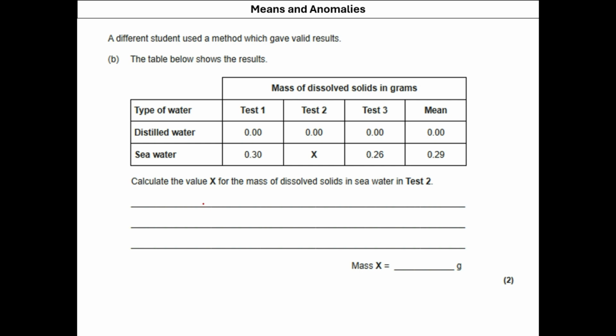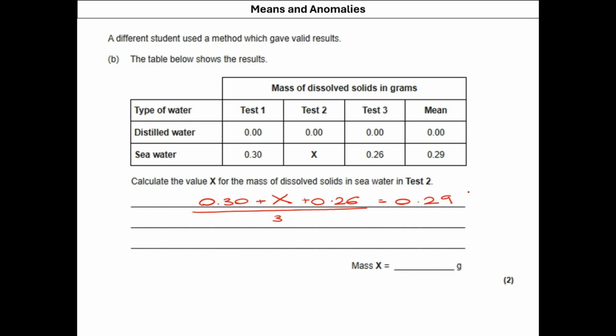If I was working out the mean, I would add up the values. So I would do 0.3 plus whatever x is, so I'll leave it as x, plus 0.26. I would divide by the number of values, which is 3. And then when I type that into my calculator, the mean I would get is 0.29.